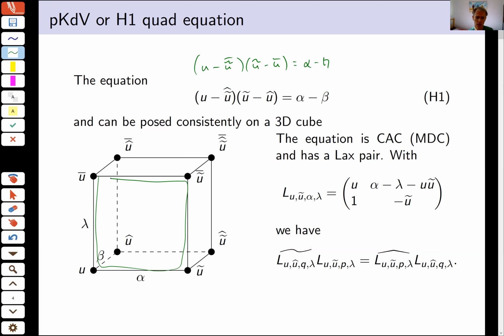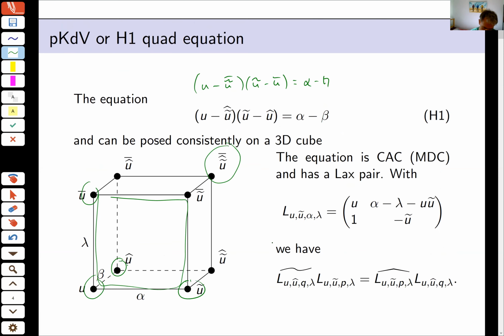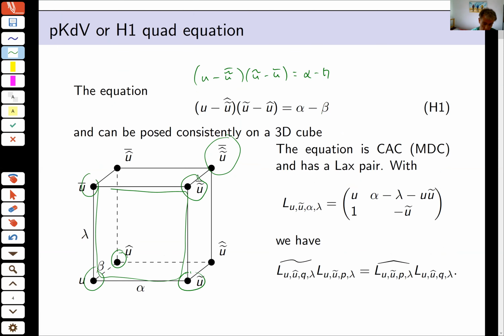And that leads to three ways of calculating, for example, this point. If we start with U bar, U tilde, sorry, U hat and U tilde, we can use the front face equation to calculate that quantity here. Then the side face on the left to calculate this quantity, the bottom face to calculate that quantity.